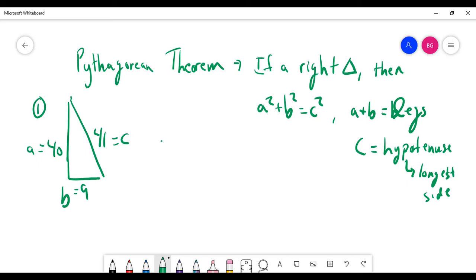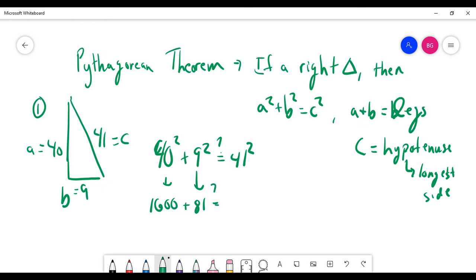We're then going to have 40 squared plus 9 squared, and our question is, is that going to equal 41 squared? Okay, 40 squared, well, you might need a calculator for that one. 40 squared is 1,600. And then we're going to have plus 9 squared, which is 81.